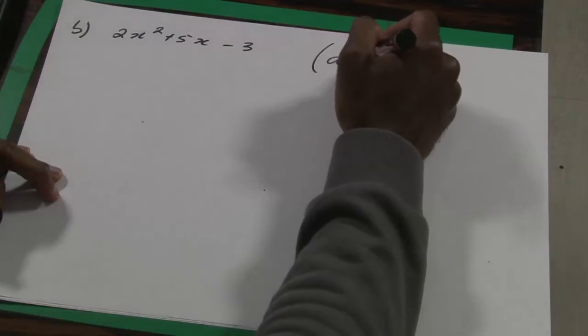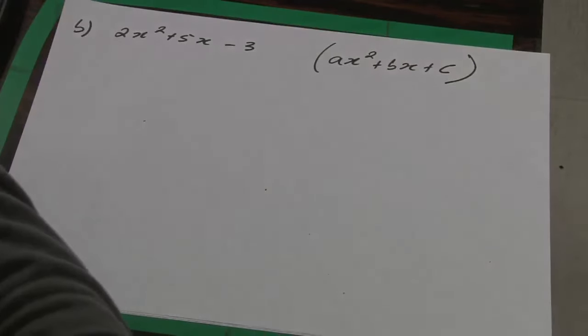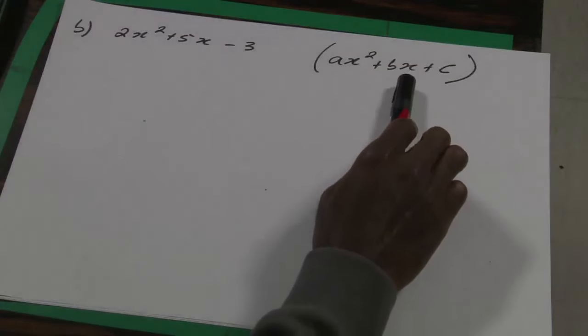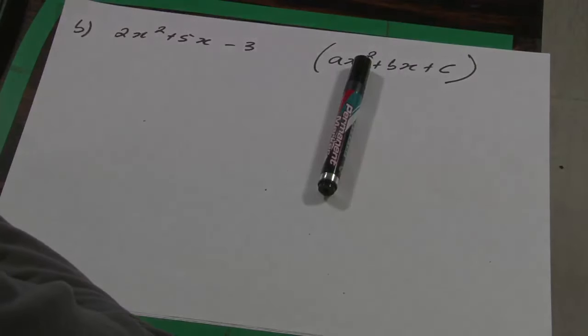It's a type of polynomial, but quadratic expressions are expressions of the form ax squared plus bx plus c. Any algebraic expression that is written in that form is called a quadratic expression. And of course it's quadratic because the highest power of your variable x is 2.